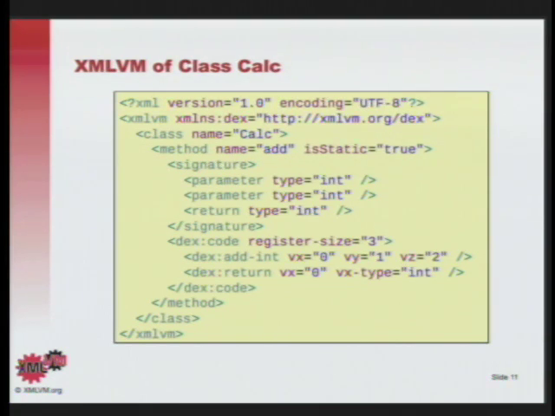By convention, and I won't go into too many details here, register number 1 and register number 2 correspond with the input arguments x and y. So basically what this one instruction add-int does is add the content of register 1 with register 2, and store the sum in register 0.